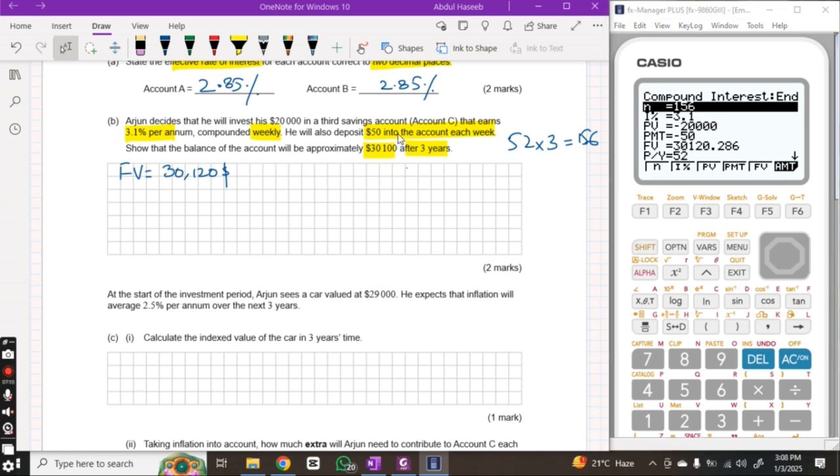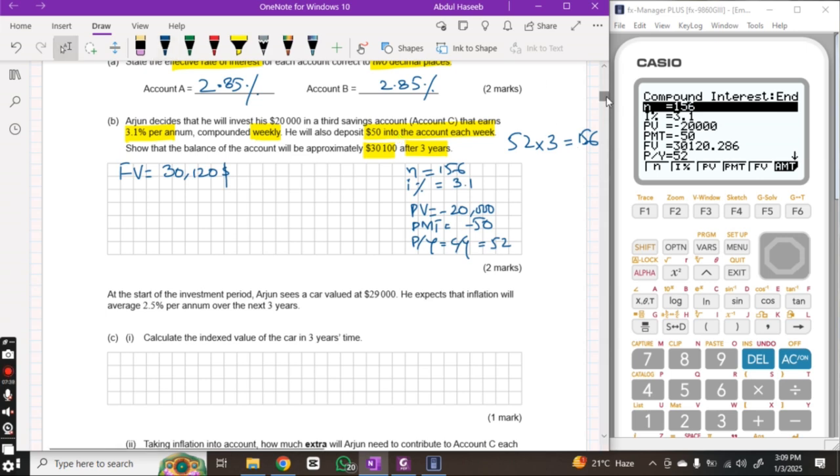So N was 156, I percentage is 3.1, PV was minus $20,000, PMT minus 50, and PY equals CY was 52. So that should give us 2 marks.